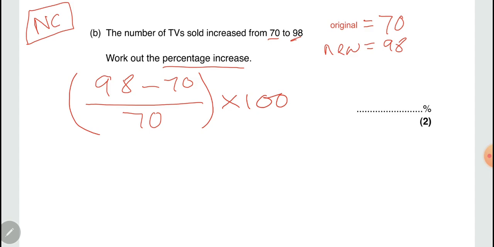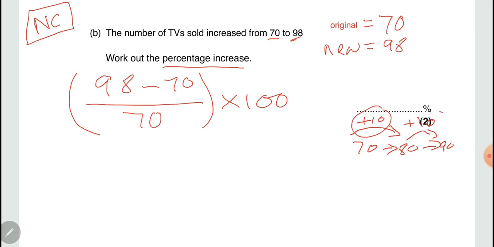So 98 take away 70, how do you do that in your head without a calculator? Well, 70 to 80 is plus 10, and then 80 to 90 is another plus 10, and then if we want to get to 98, we have to add another 8.